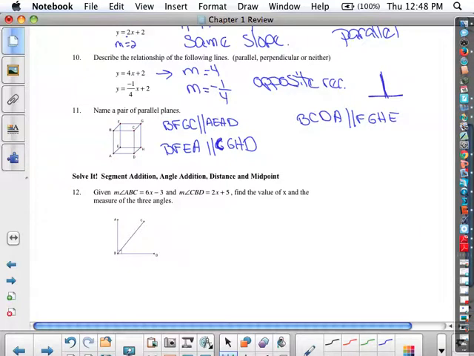Let's take a look at number 12. Remember, labeling the picture will help you solve the problem. So I encourage you to do that. Don't just guess, there's no reason for that. So when I look at this angle, it says that I'm given that ABC is this angle, is equal to 6x minus 3.